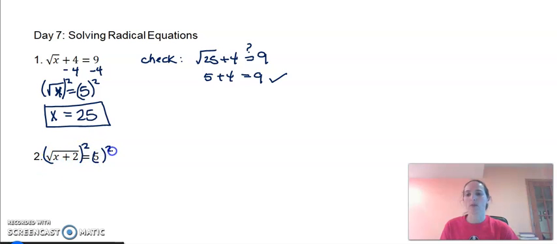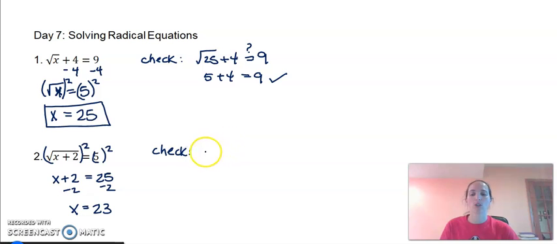If you square both sides, again, a square cancels out a square root. Those are inverses. So you're just going to have x plus 2 equals 25. Then from here, you're going to use your normal solving techniques, subtract 2 from both sides, and x equals 23.